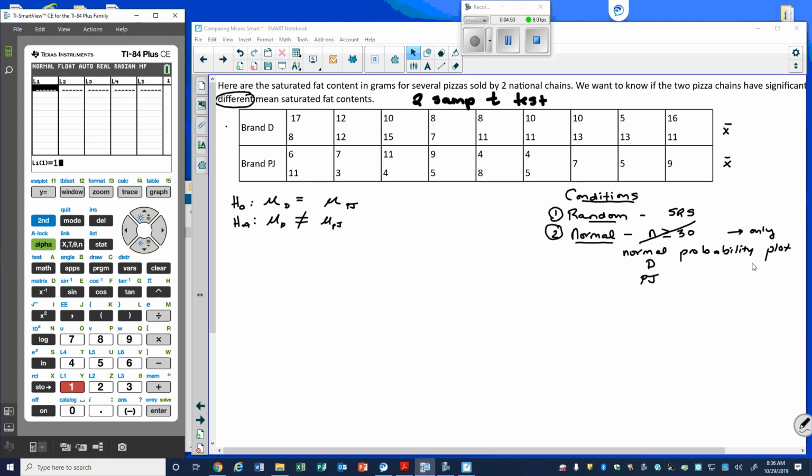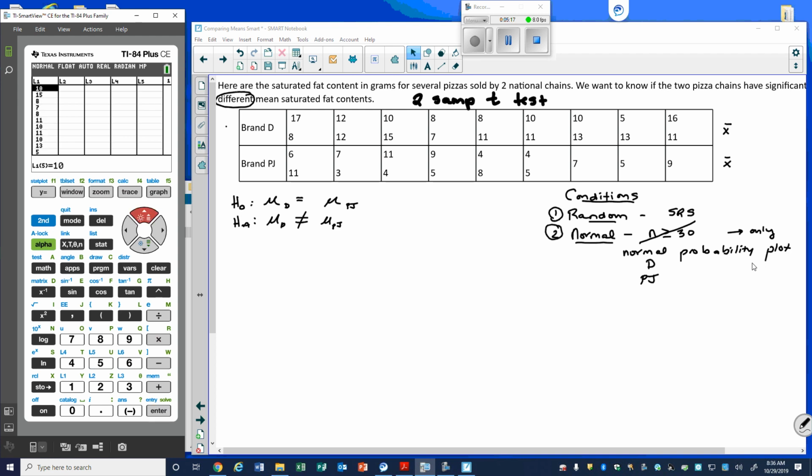So I'm going to enter 17 and 8, 12 and 12, 10 and 15, 8 and 7, 8 and 11, 10 and 11, 10 and 13, 5 and 13, and 16 and 11. And I missed my 16 right there.